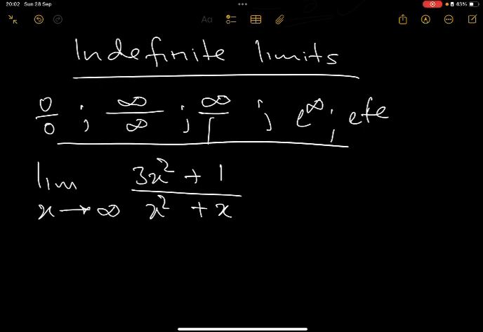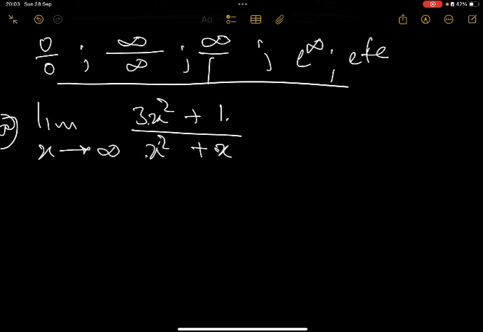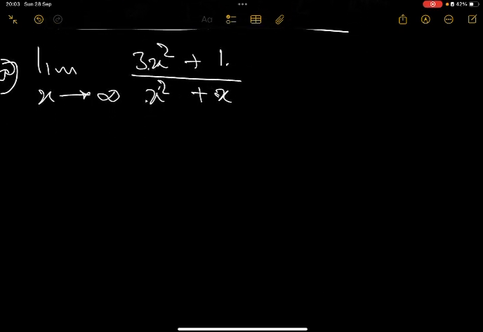If we substitute infinity, we will get 3 infinity squared plus 1 over infinity squared plus infinity. So definitely we'll get something over infinity, which is undefined. It won't exist. So we have to make this limit exist. How do we make it exist? We use another technique.